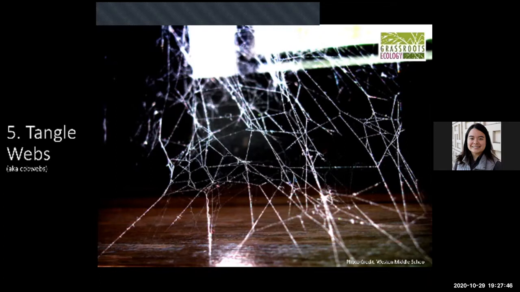If you have a corner, or an area that has a good void, you can just fill this area with your silk and create a very quote unquote messy web that, if an insect accidentally gets trapped in it, it has a hard time getting out of.